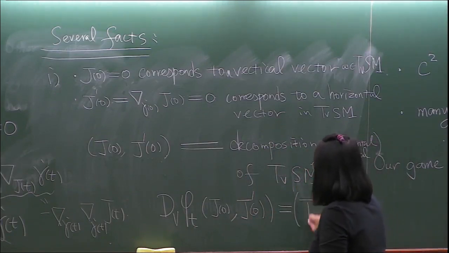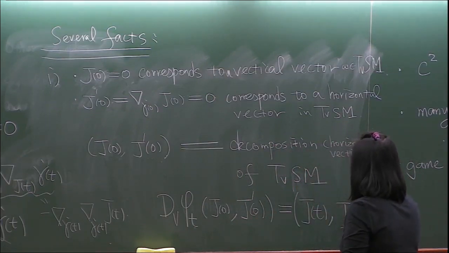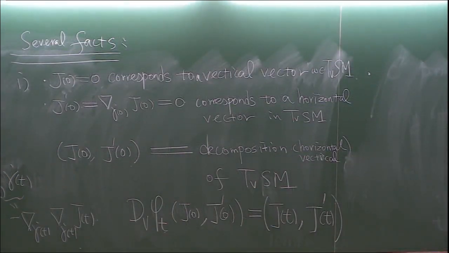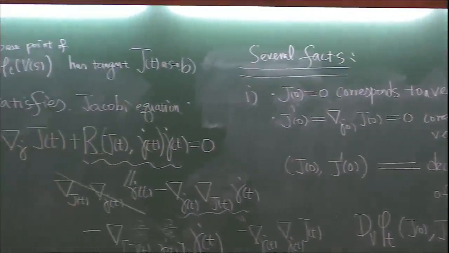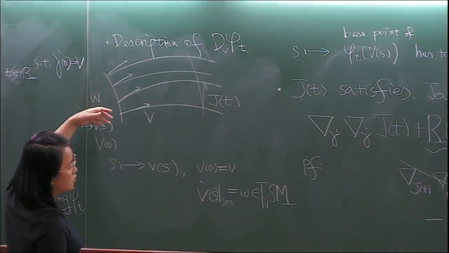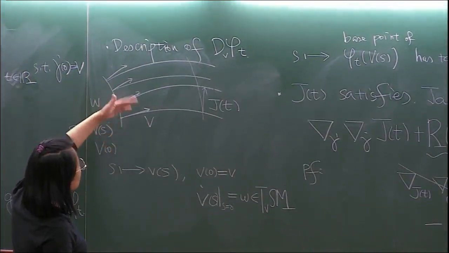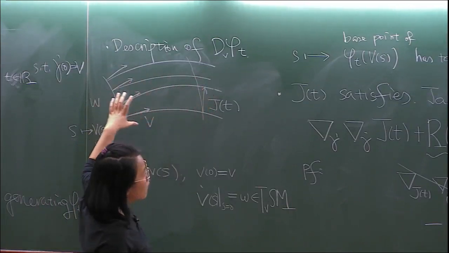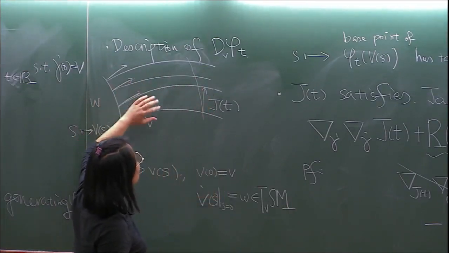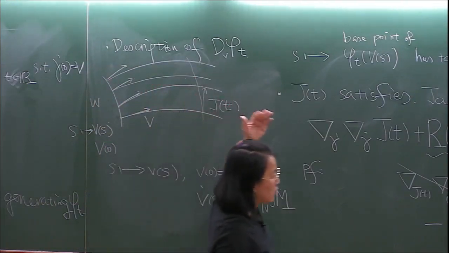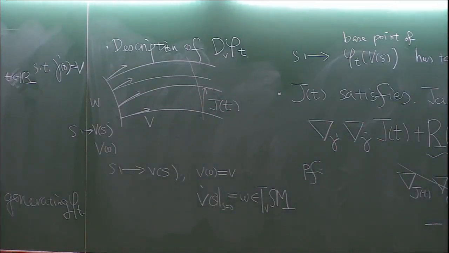To J_t and J_t prime. So what does it mean? If you know the initial vector, the horizontal part is J_0, and the vertical part is, you give the notation, J_0 prime. If you have a variation of your initial vectors in this way, then the tangent map at time t will bring your vector to the Jacobian field generated by these variations. You have your J_t, and the vertical part is just the derivative of this J_t in the t direction.